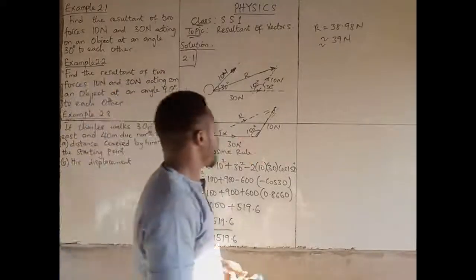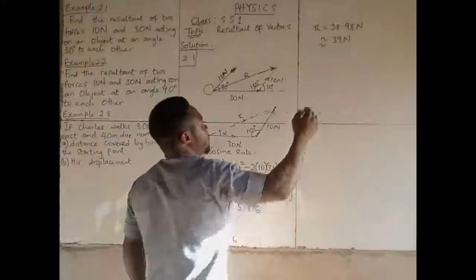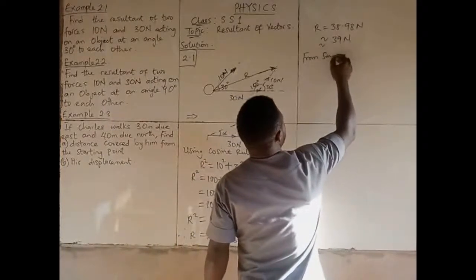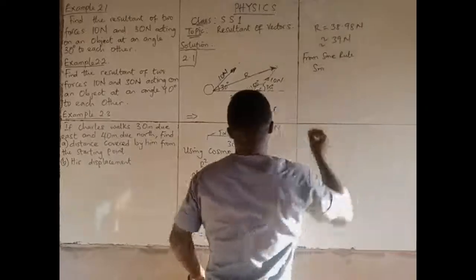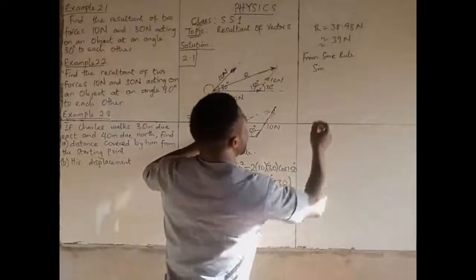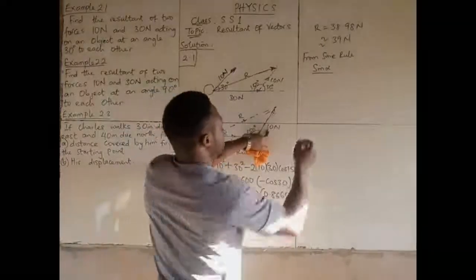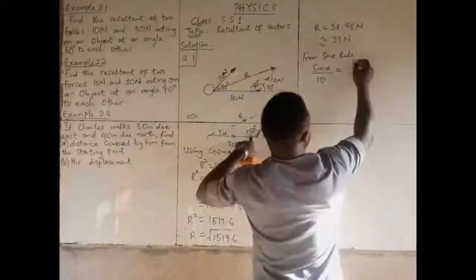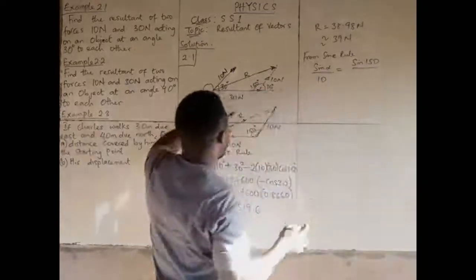Now let's do that. We can just use the sine rule. From the sine rule, we say sine of an angle, sine alpha, all over the side facing it, 10, equals sine of this angle, 150, all over the side facing it.